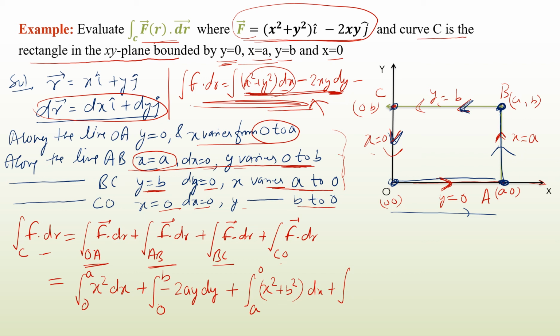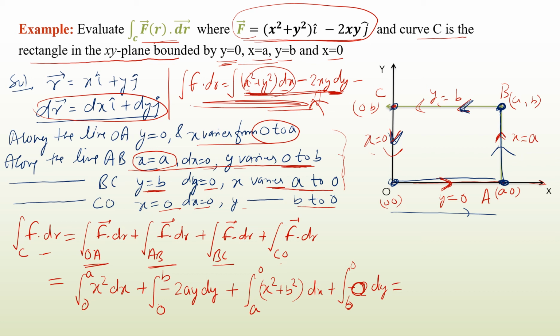So here we put x equal to 0, dx is 0, so we write minus 2, that integral becomes 0 because in the place of x we put 0.